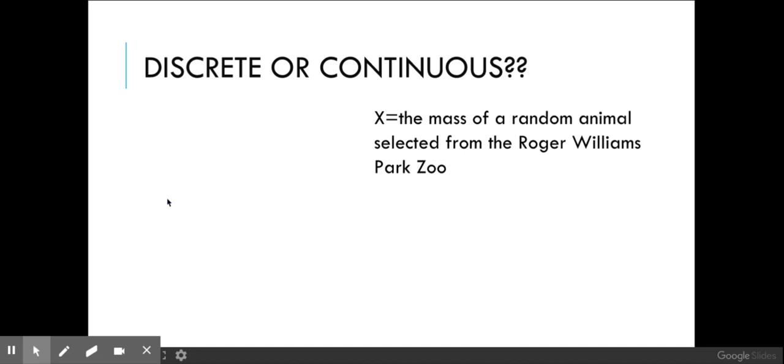So here we have an example. X is the mass of a random animal selected from the Roger Williams Park Zoo. Since we're talking about weight here, weight can be represented using a decimal. So therefore, this example would be continuous.